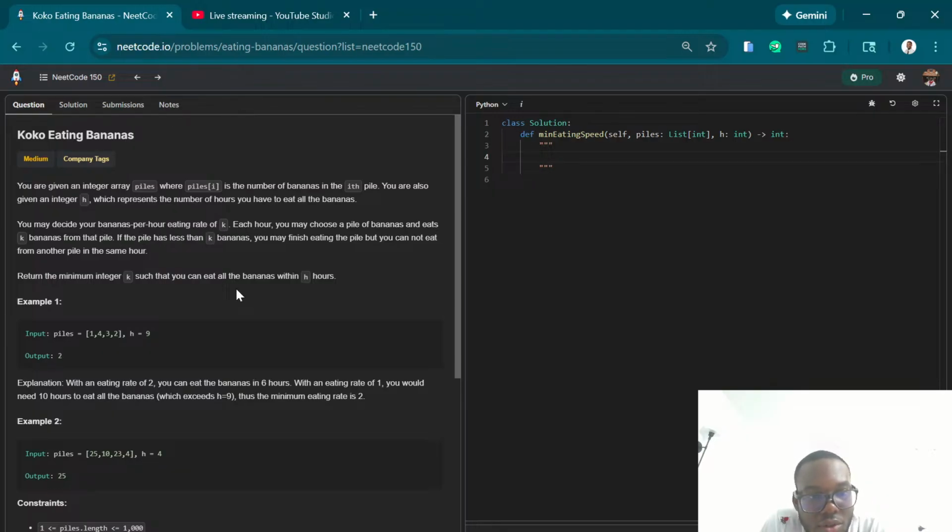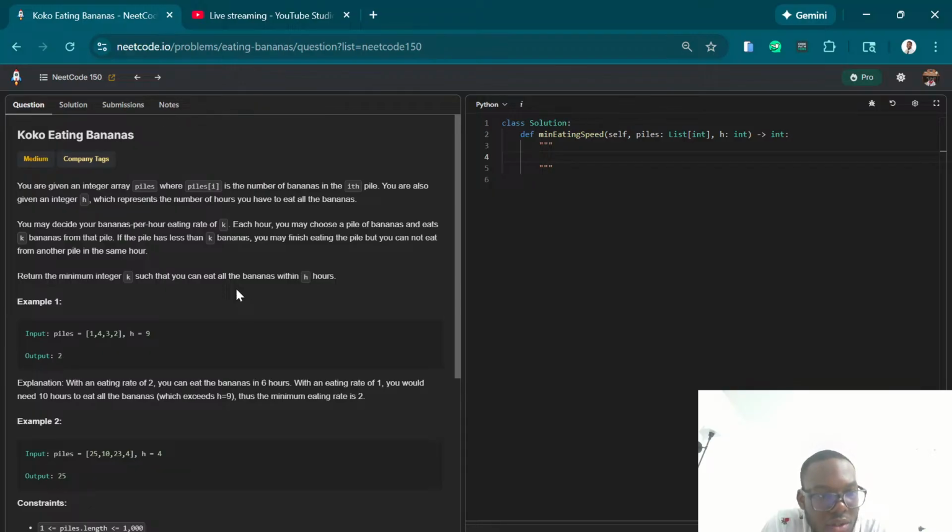Each hour you may choose a pile of bananas and eat k bananas from that pile. If the pile has less than k bananas, you may finish eating the pile, but you cannot eat from another pile in the same hour. Return the minimum k that lets you eat all the bananas within h hours.